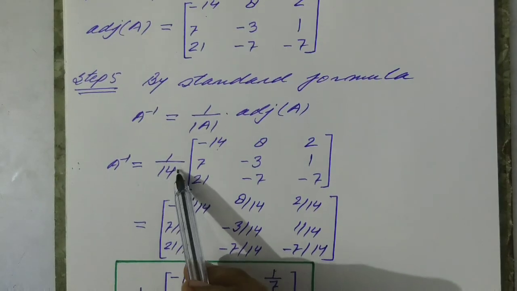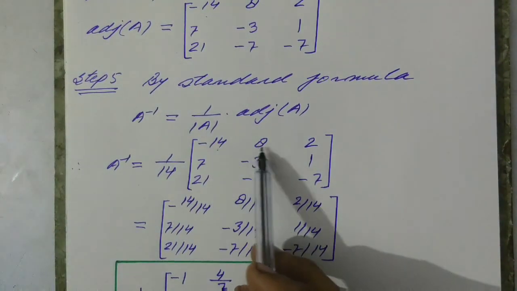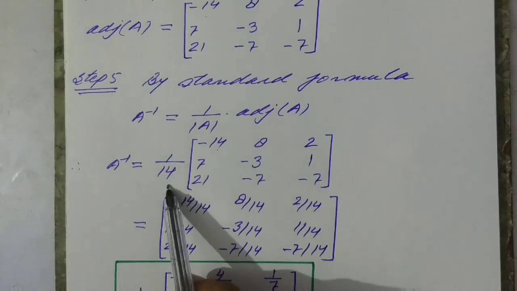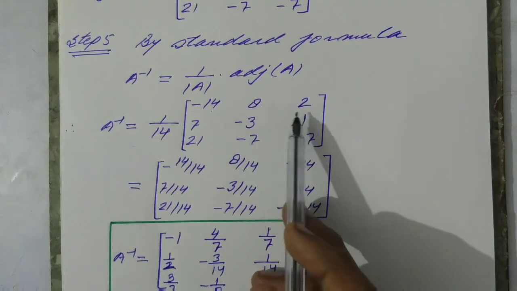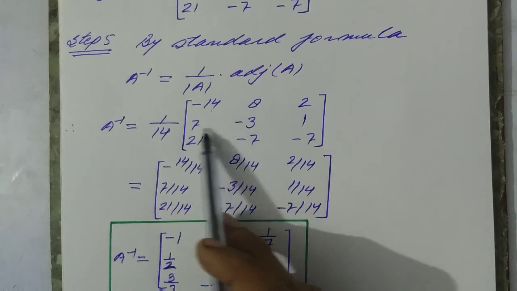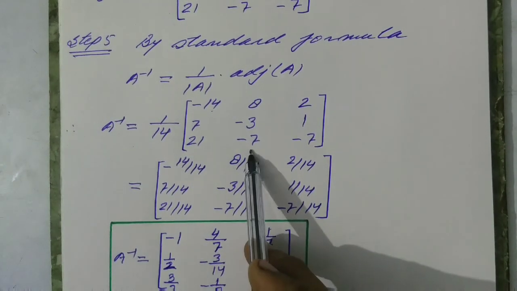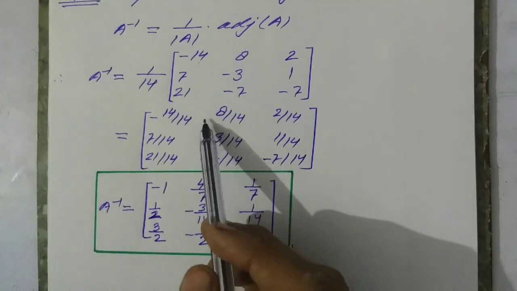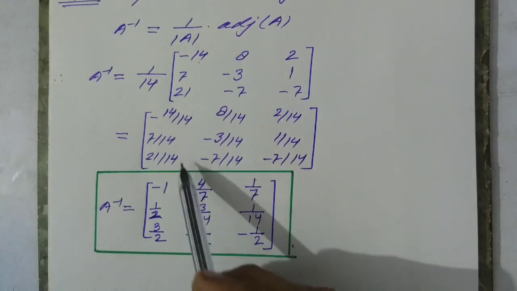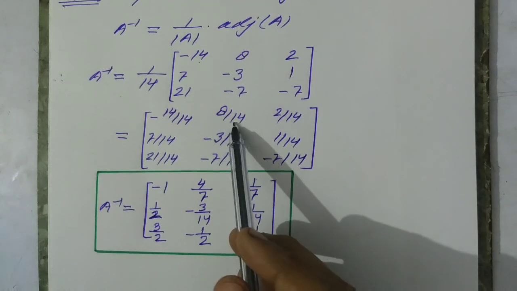So 1 upon 14 into minus 14, we get minus 14 upon 14, 8 upon 14, 2 upon 14, 7 upon 14, minus 3 upon 14, 1 upon 14, 21 upon 14, minus 7 upon 14, minus 7 upon 14. Now simplifying, 14 and 14 are cancelled, we get minus 1.